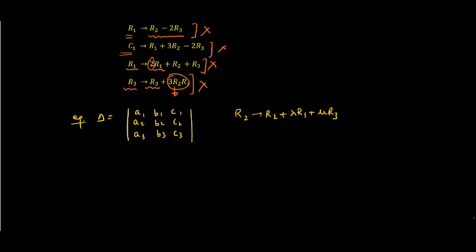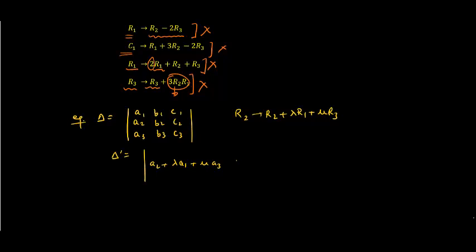As a result of this transformation, the new value of the determinant, delta dash, becomes, so I am transforming the second row. So this is a2 plus lambda times a1 plus mu times a3. I'm writing the second row first. मैं second row लिख रहा हूँ, है ना.